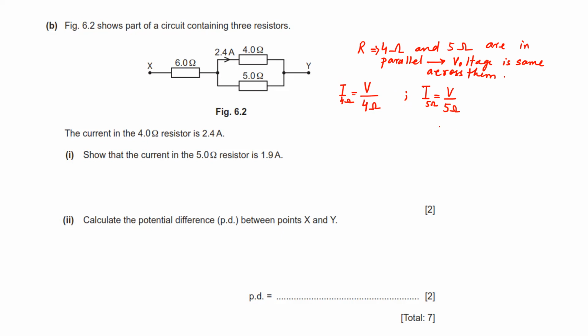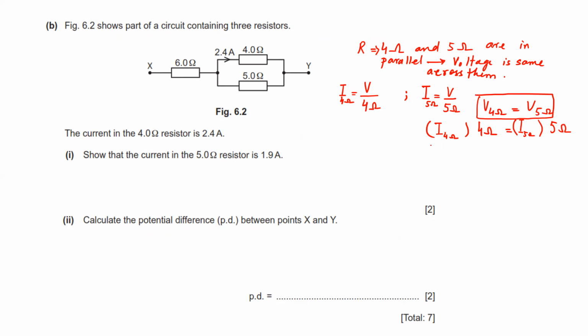So we compare it. I against 4 ohms multiplied by 4 ohms will be equal to I in the 5 ohm resistor multiplied by 5 ohm resistors. Since the voltage across 4 ohms is equal to the voltage across 5 ohms, both of these voltages will be the same.